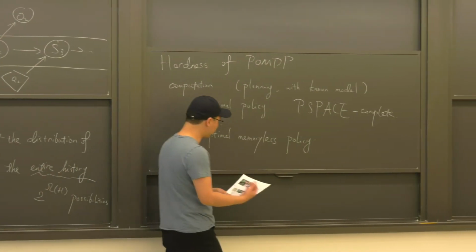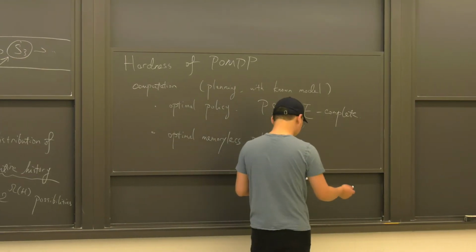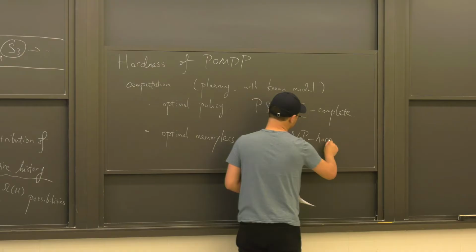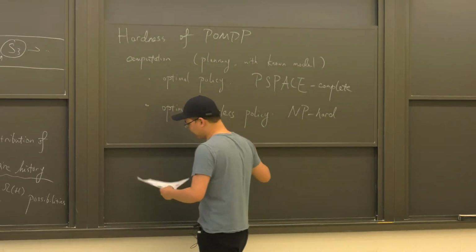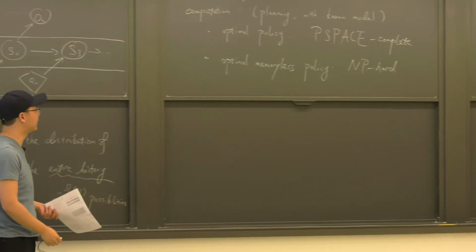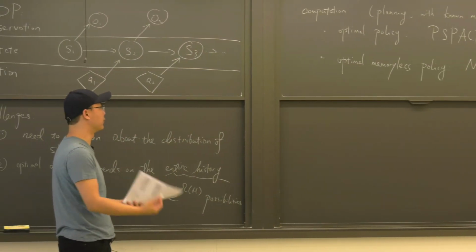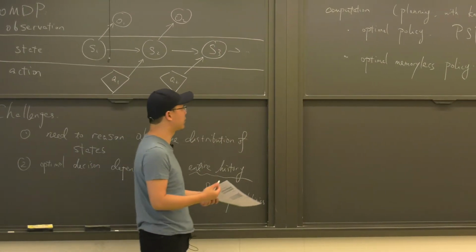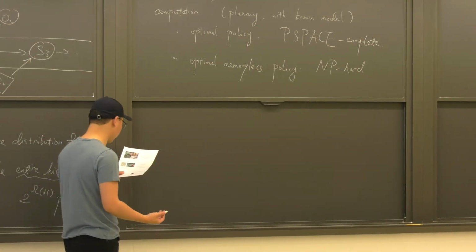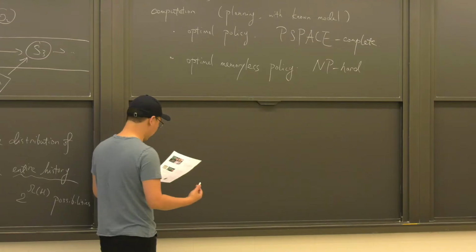Even finding the best memoryless policy is NP-hard. So the computation problem of POMDP is really severe. Even nowadays there isn't a very good solution, like a polynomial time algorithm, or a clear subclass for which we can do polynomial algorithms. It's still not very clear.